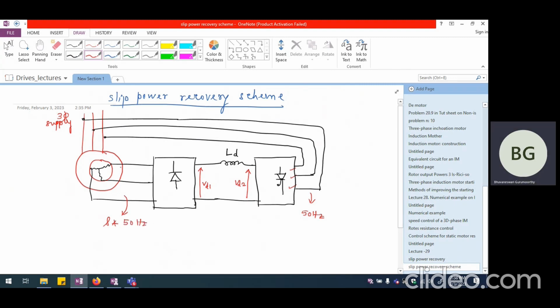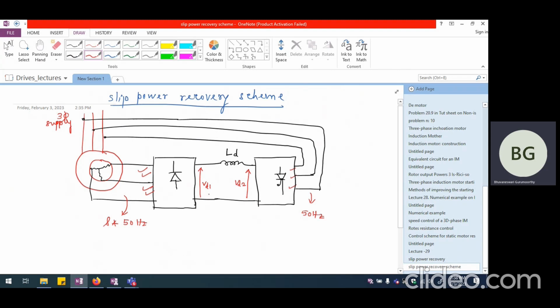So although we are having a variable frequency voltage at the terminals of the rotor, we would be able to get a fixed frequency voltage at the inverter terminals or thyristor converter terminals. And this will ensure that there is a voltage connected across the rotor terminals through the converter-inverter combination at the same frequency as that of the rotor induced EMF.